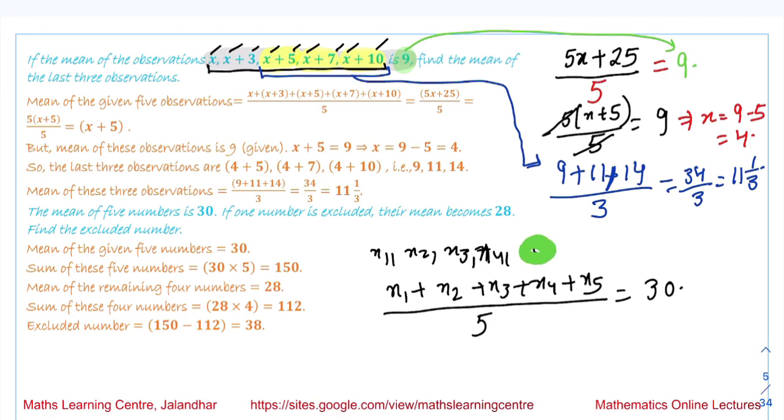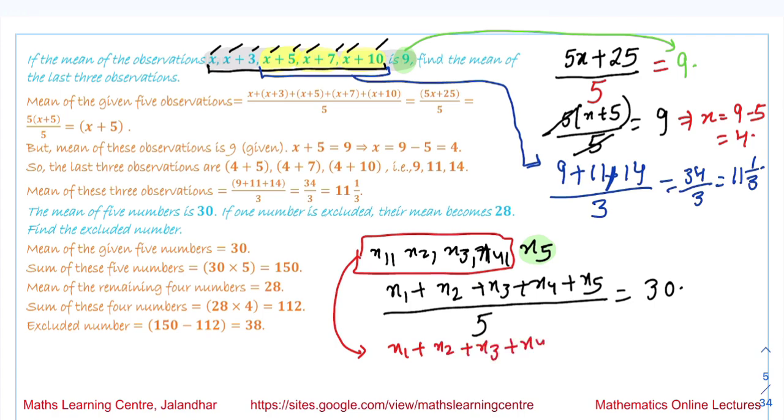Suppose x5 is excluded, then the number of terms we have is these 4 terms. So their mean will become x1 plus x2 plus x3 plus x4 upon 4, that is equal to 28. This value is given to us. Find the excluded number. So what we get from this equation is, we are talking about this equation.